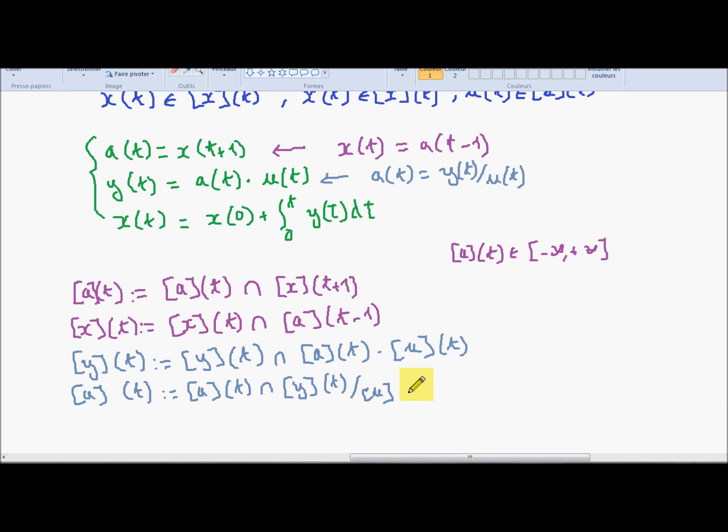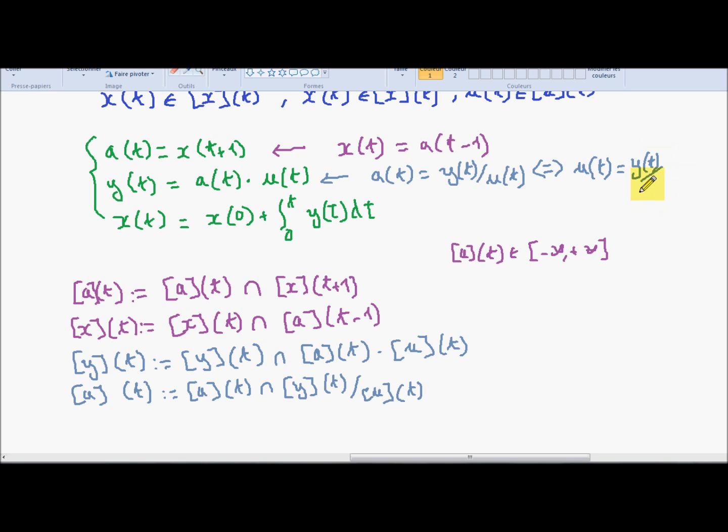But I can also isolate u. So u of t is equal to y of t divided by a of t.